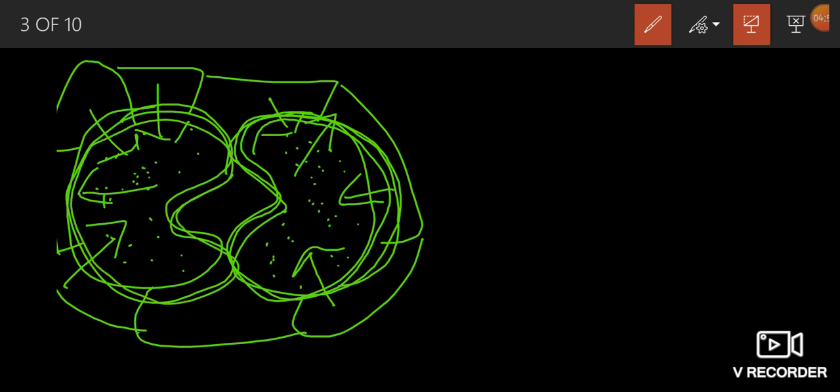Another point is that in the guard cell, towards the aperture side, the guard cell wall is thick. Towards the outer side the wall is thin.